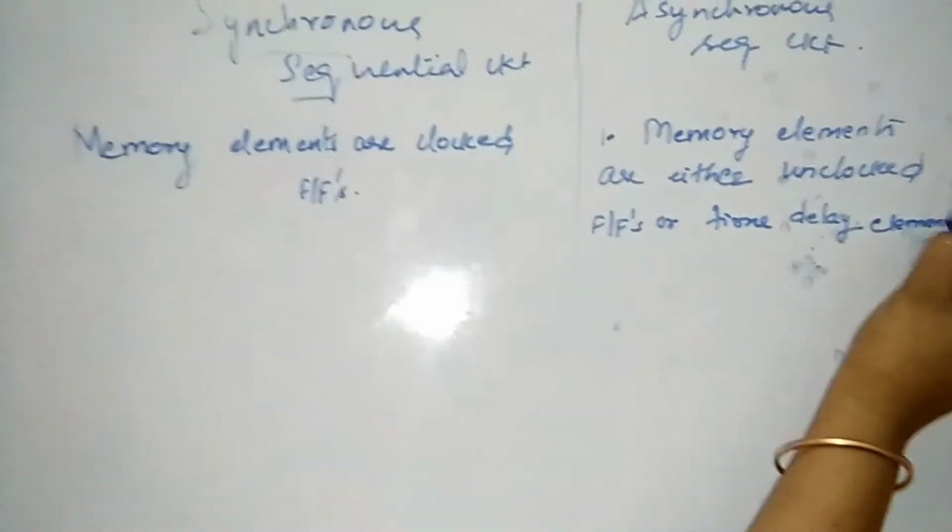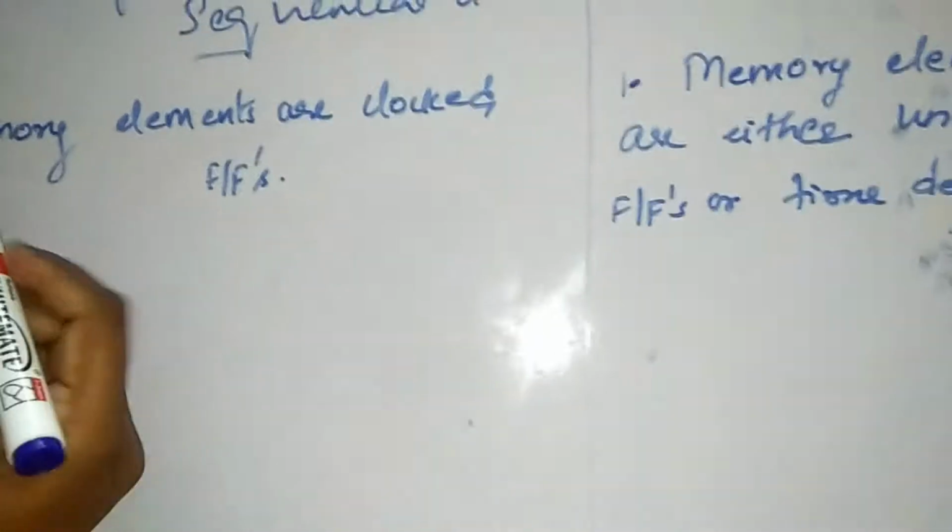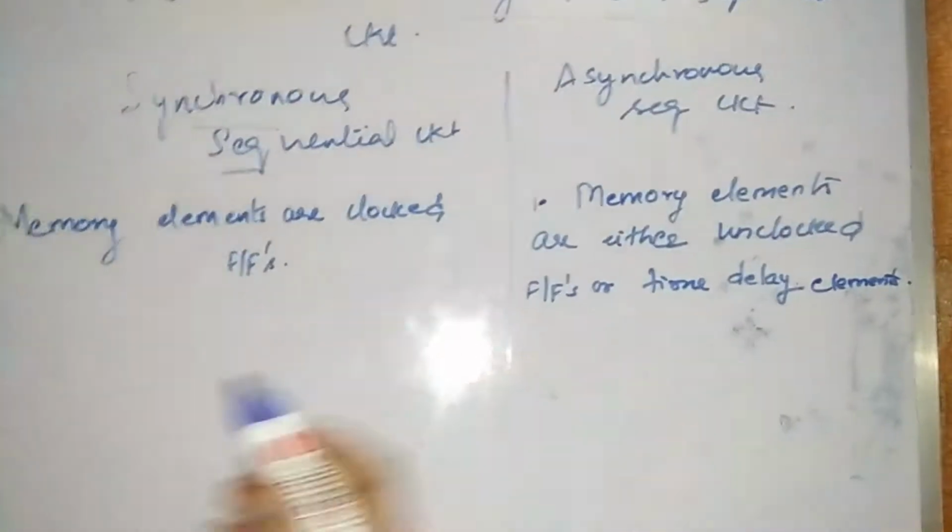We'll see that after knowing the difference between the two. So here the memory elements are clocked flip-flops. Here the memory elements are either unclocked flip-flops or time delay elements.